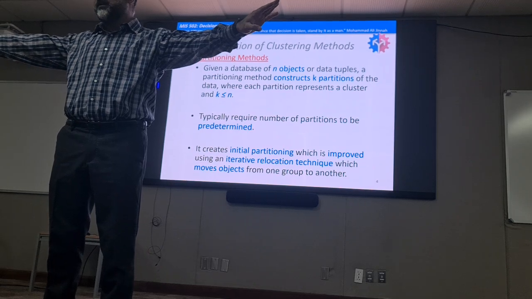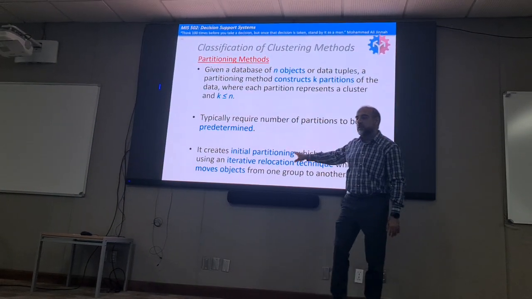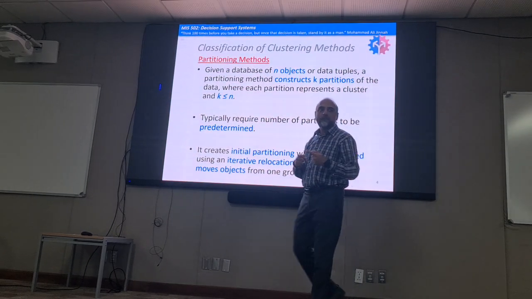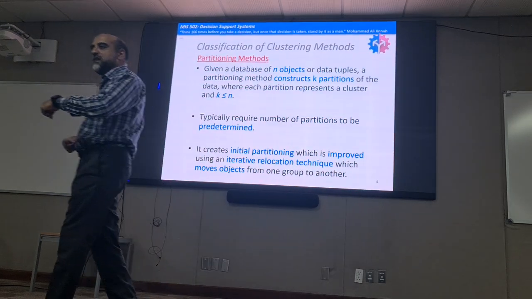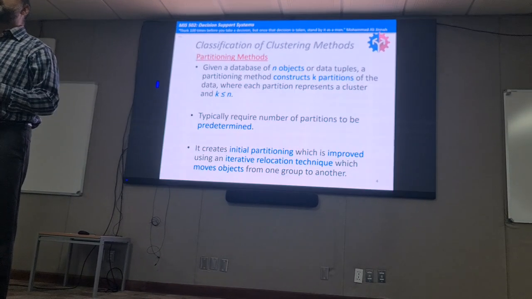You group, and then the initial partitioning is random, but then you have an iterative method where you say, this one doesn't fit very well in this group, so you move. This one doesn't fit very well, so you move. So you go iterative.